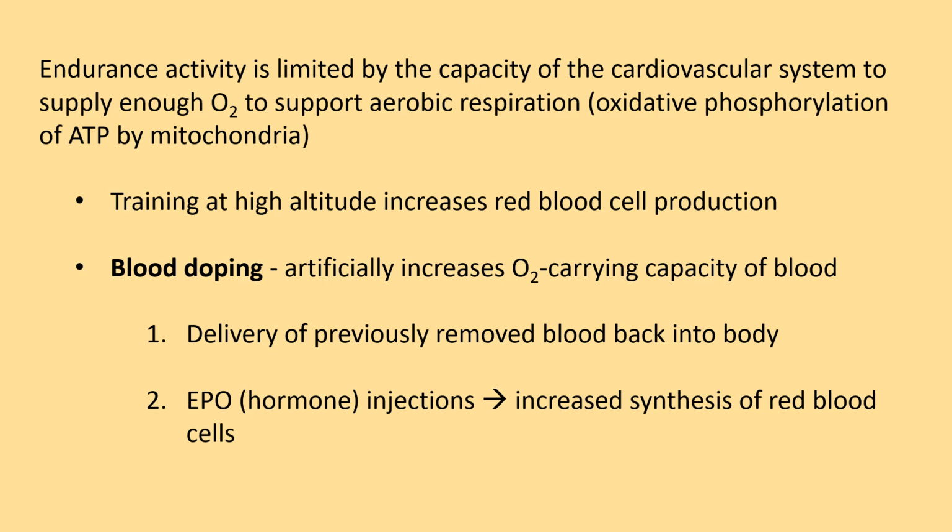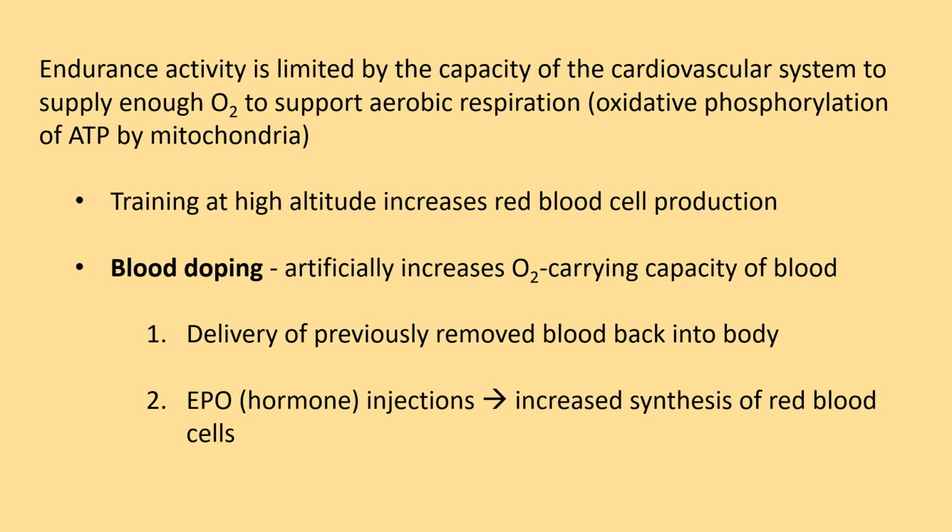So the reason why endurance athletes, Olympic marathon runners, train at high altitude is because life at high altitude increases red blood cell production. Our red blood cells are the oxygen carriers in our cardiovascular system. The more red blood cells you have, the greater the capacity for oxygen transport.